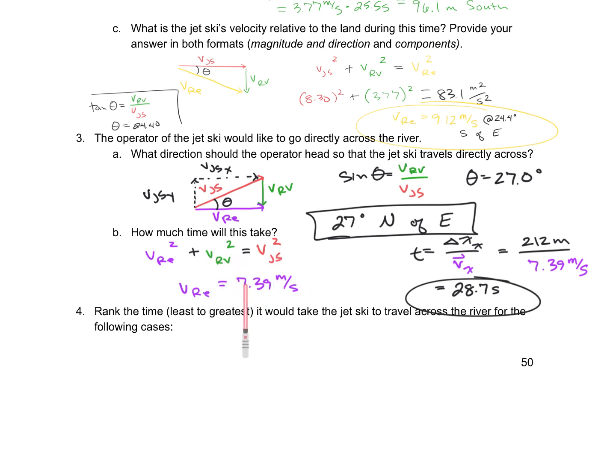So then I took the square root. So that number is 7.39 meters per second. Since the resultant vector is the one that's in the horizontal direction, and the horizontal distance we know is 212, this is the one I made my mistake on units, but I fixed it, don't worry. Time is equal to displacement divided by velocity, and in this case, 212 divided by 7.39 is 28.7 seconds.